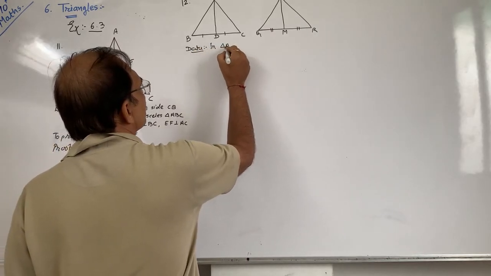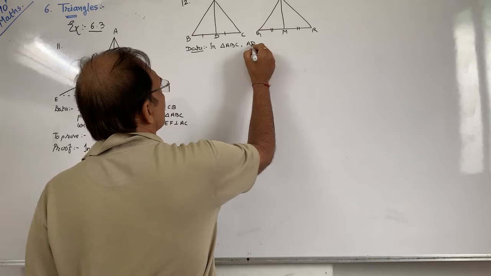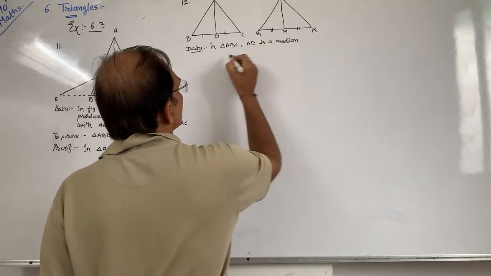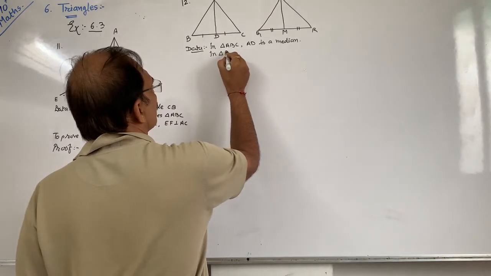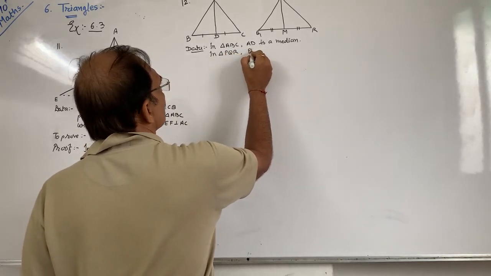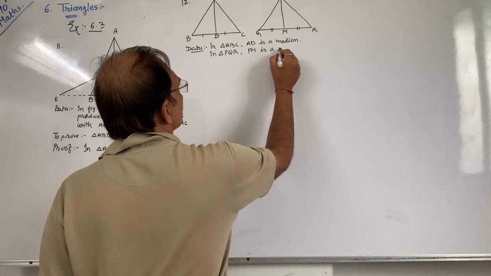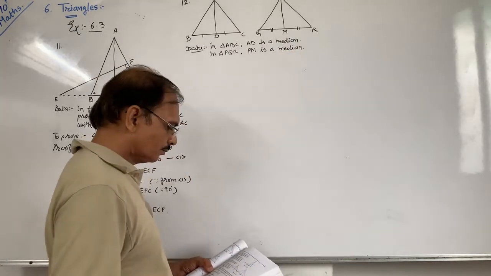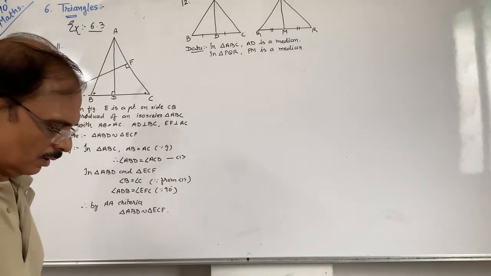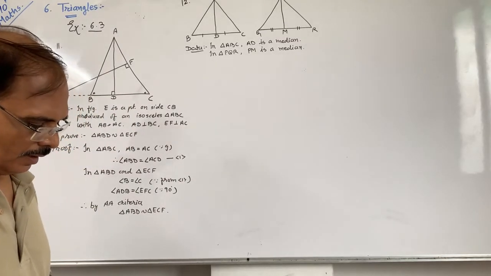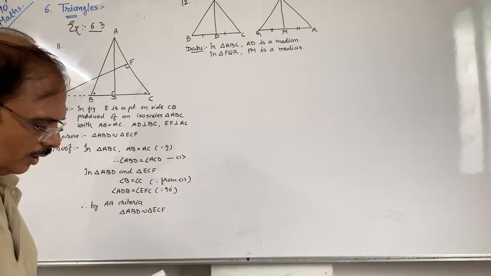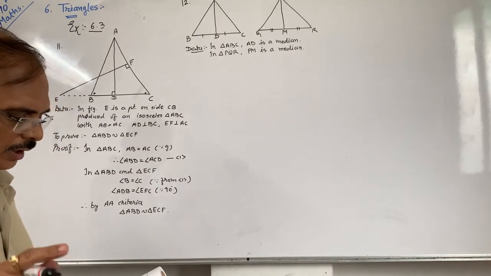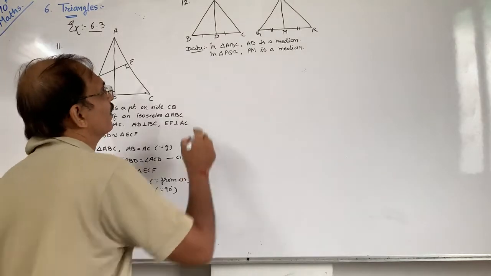In triangle ABC, AD is a median. In triangle PQR, PM is a median. Right? Also given that sides AB and BC and median AD are proportional to PQ, QR and PM.